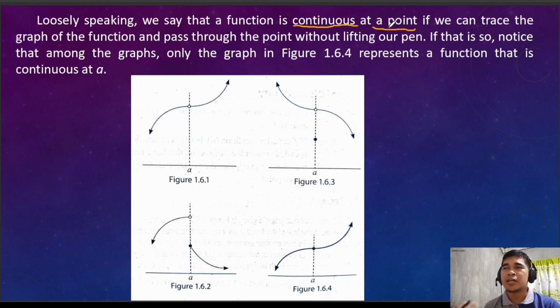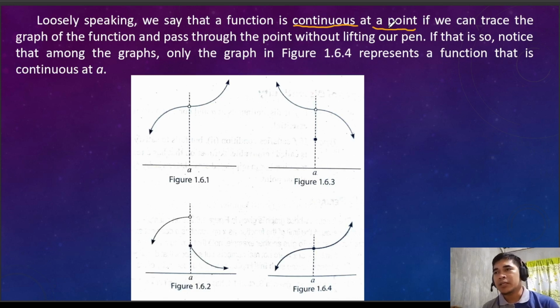So let us note that a function is continuous at a point if we can trace the graph of the function and pass through the point, without lifting our pen. So what happens in the graph is that you can trace the line without lifting our pen, even if you cross or pass through that given point, then that is continuous at a point, right?